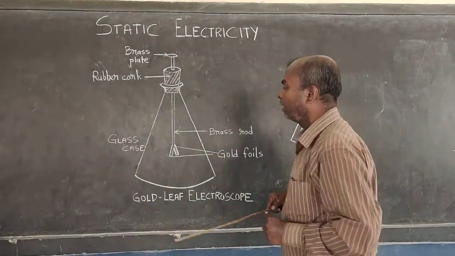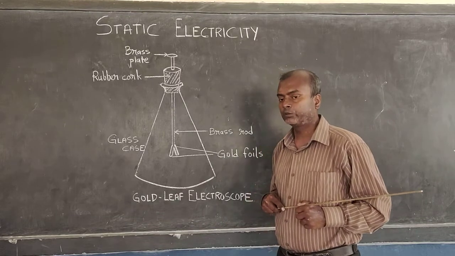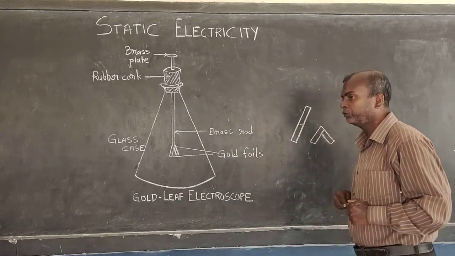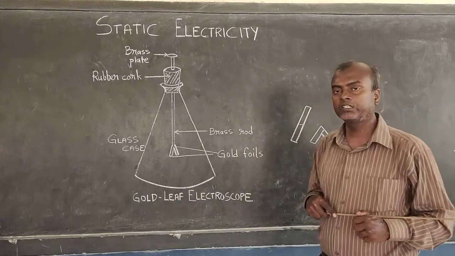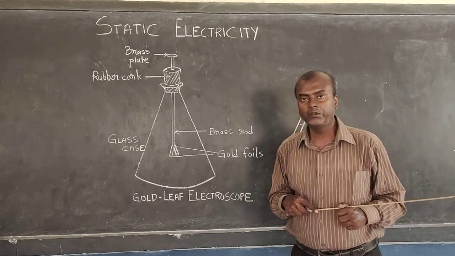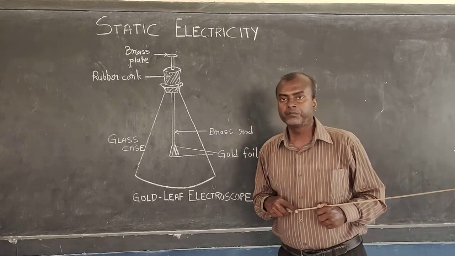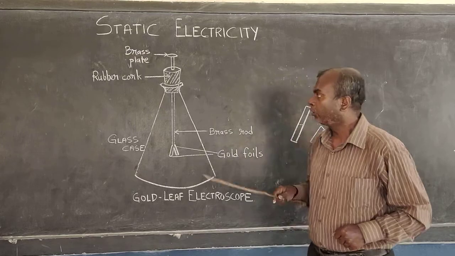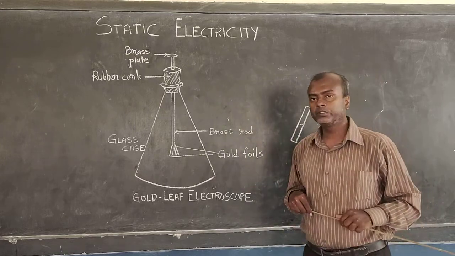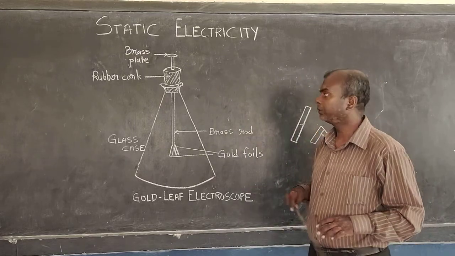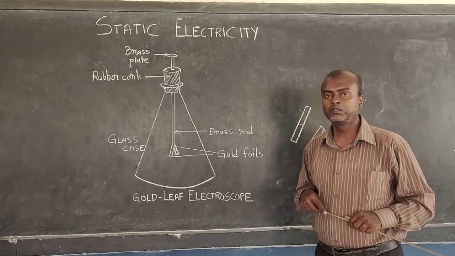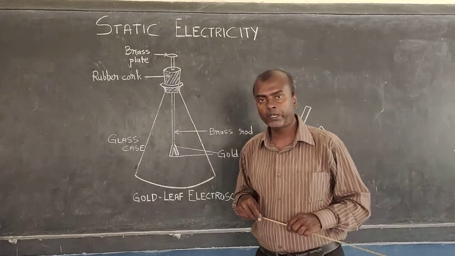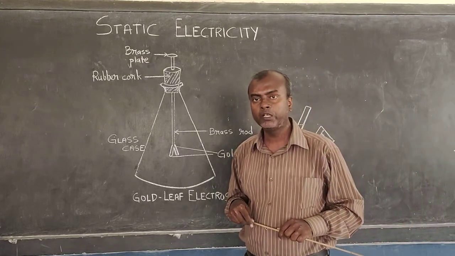So these are the parts of a gold leaf electroscope. It is used for detecting whether charge is there in the body, and secondly, what kind of charge is there in the body. Now, in order to use this electroscope, the first thing we have to do is charge it. Like when you use your mobile phone, first you have to charge the battery.